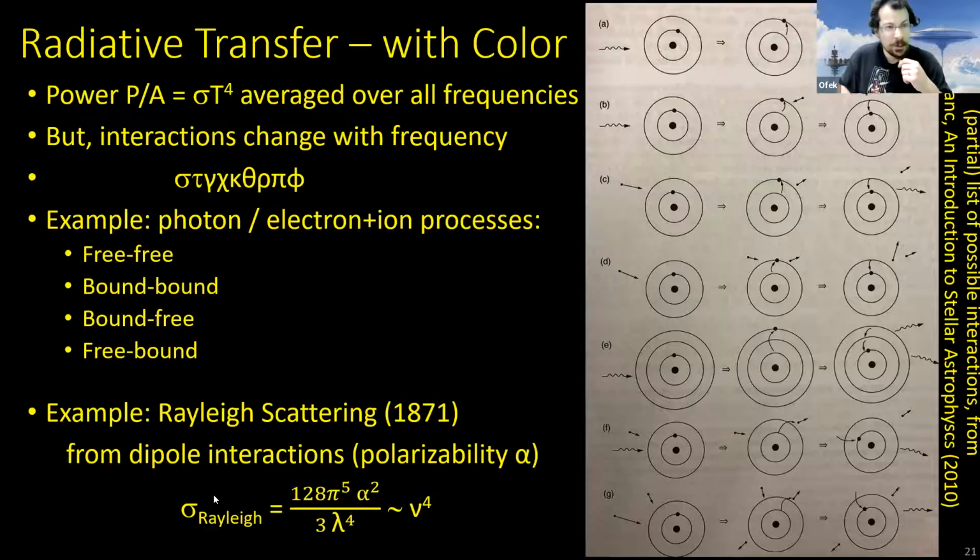And to put it in quantifiable terms and not just in words, the cross-section, sigma, for Rayleigh scattering, we can see is strongly dependent on the wavelength, lambda to the 4th power in the denominator, or equivalently, the frequency nu to the 4th power in the numerator. That is, high frequencies have a much stronger cross-section for Rayleigh scattering. That is, blue will scatter a lot more. And as we already discussed, that's why the sky is blue.